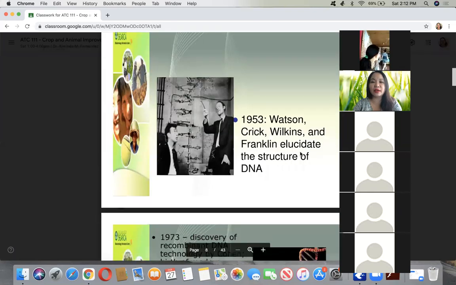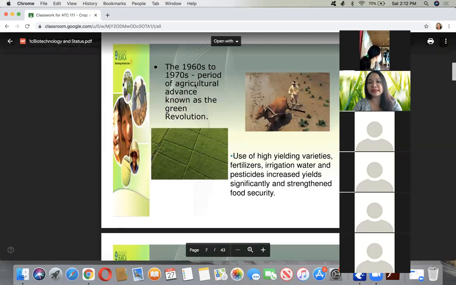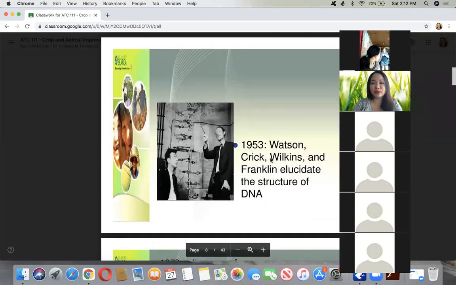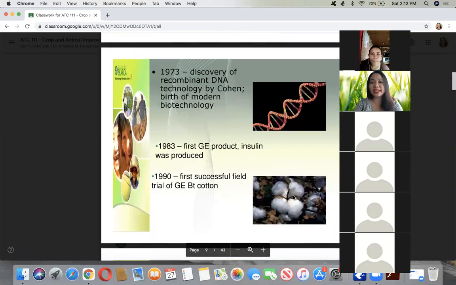Also in 1953, besides the 1960s and 70s, the scientists Watson, Crick, Wilkins, and Franklin elucidated the structure of DNA. That was the time they were able to identify the structure of DNA.